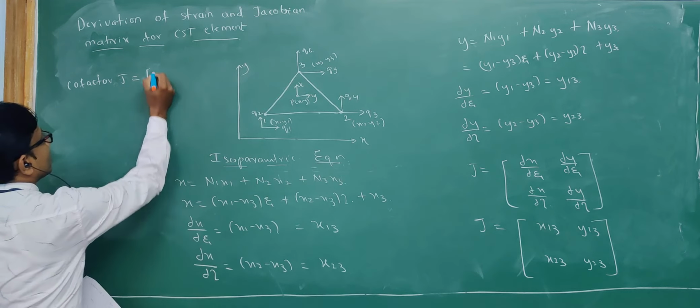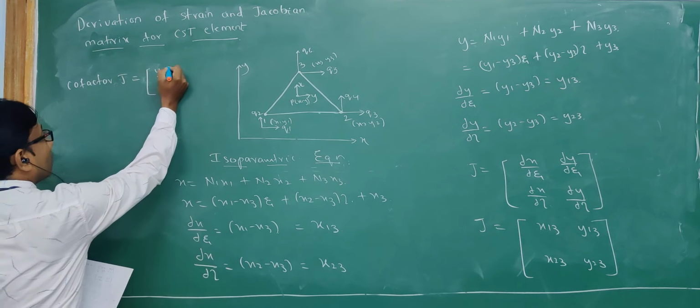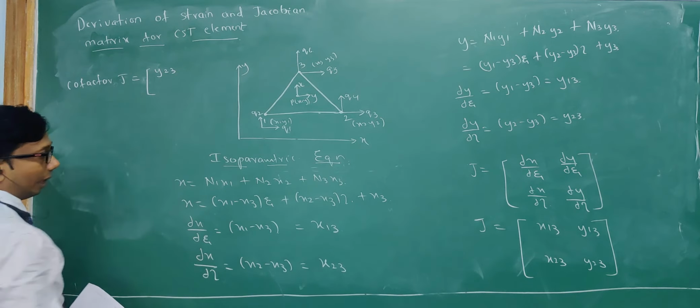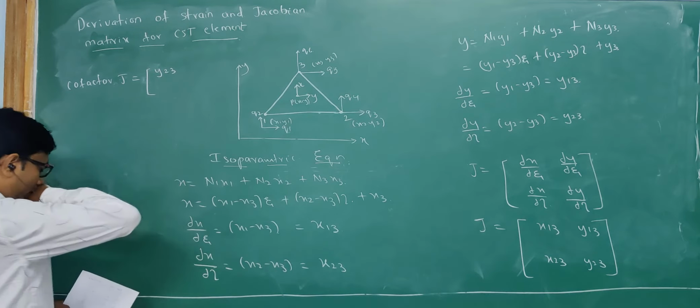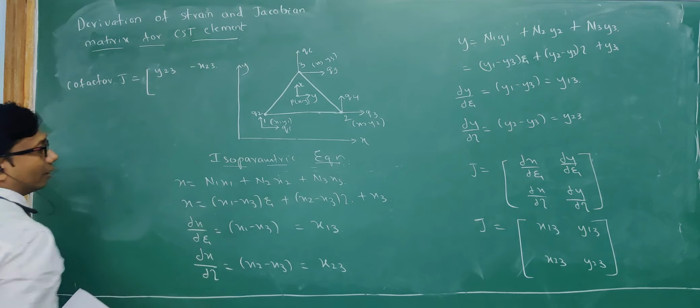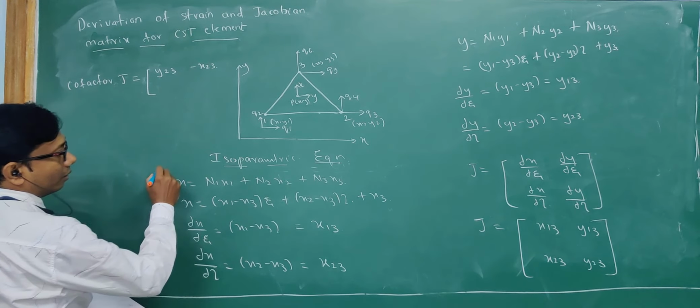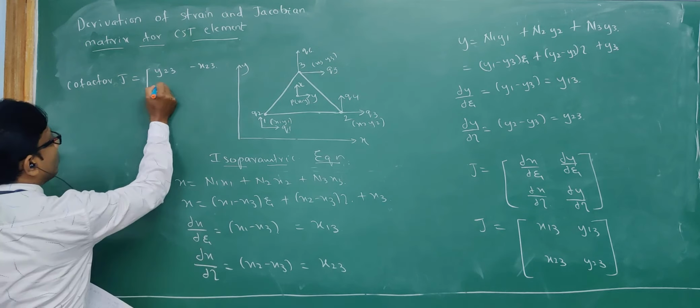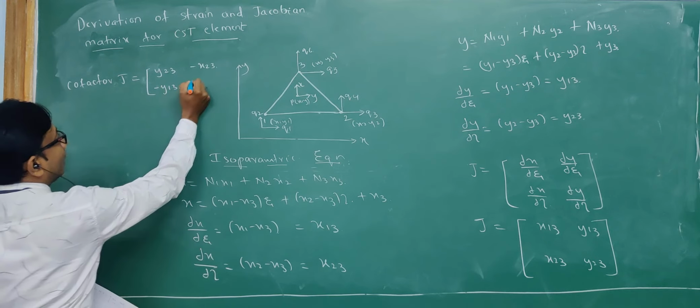So this is y23, then minus x23, then minus y13 and x13.